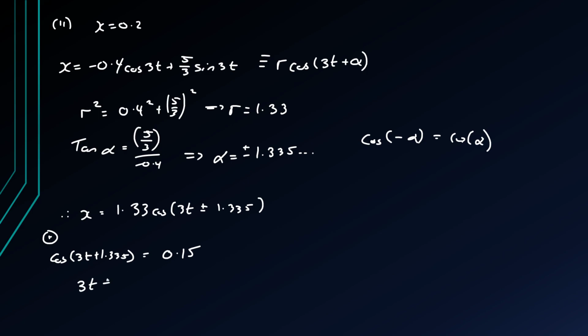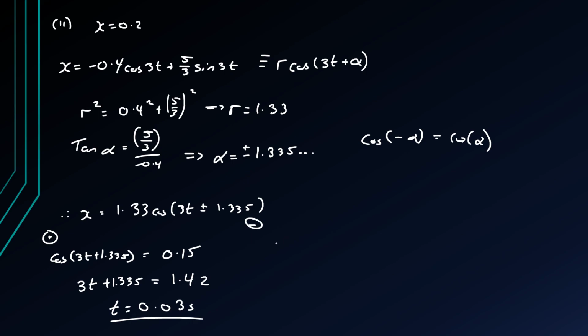So 3t plus 1.335 is 1.42 actually. So 1.42 minus 1.335, and then divide by 3. We get our first value of t as 0.03 seconds, plus any amount, we can actually have this as any 2 pi n, but we're not going to consider that.